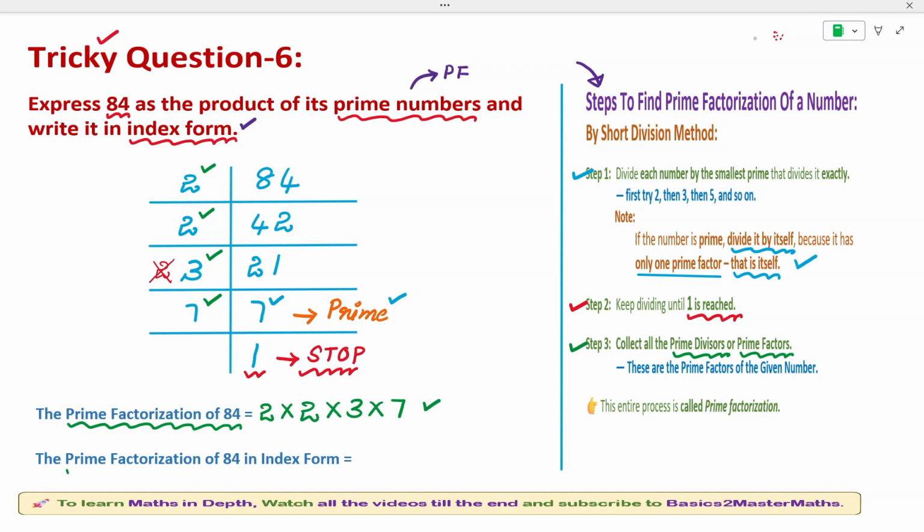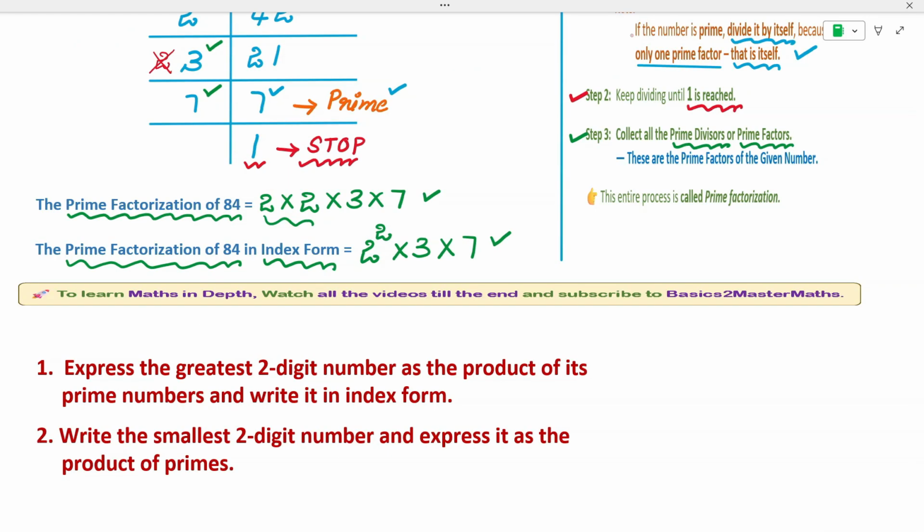Also, the prime factorization of 84 in index form equals 2 to the power 2 multiplied by 3 multiplied by 7. Got it? In a similar way, please solve the below questions.